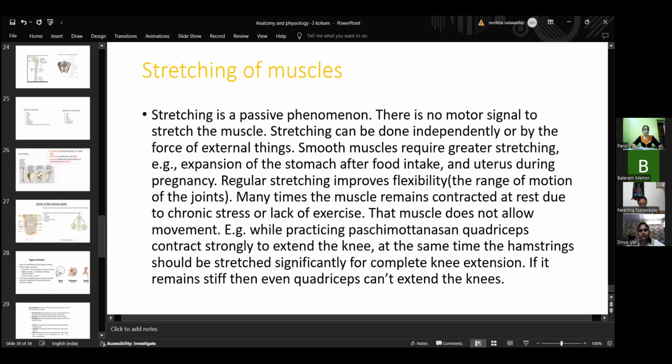You are asking about cramp. It is because of overuse or muscle fatigue. Sudden spasmodic contraction because of fatigue is called a cramp. It is also related with our balance of sodium and potassium in our body.